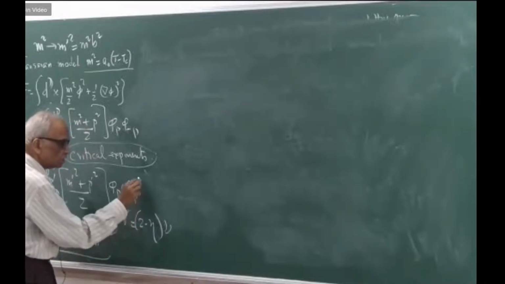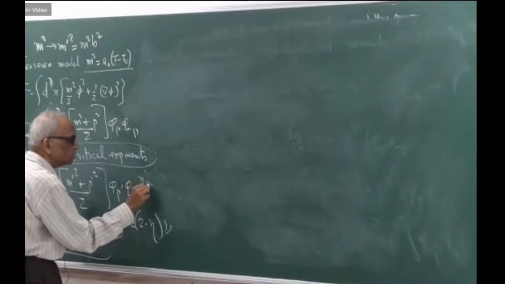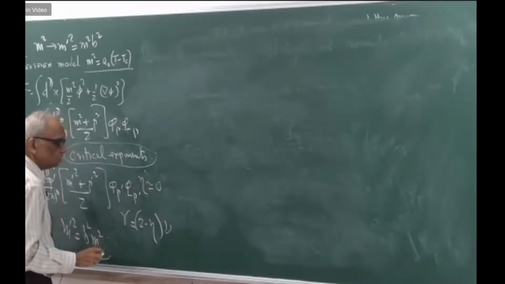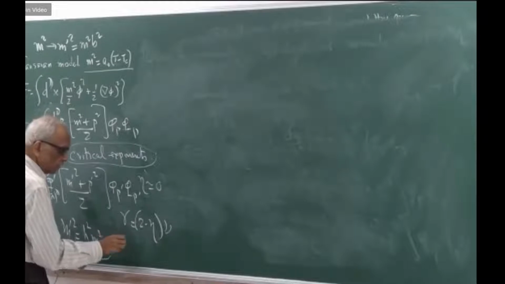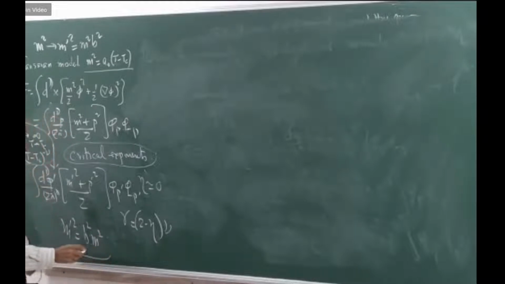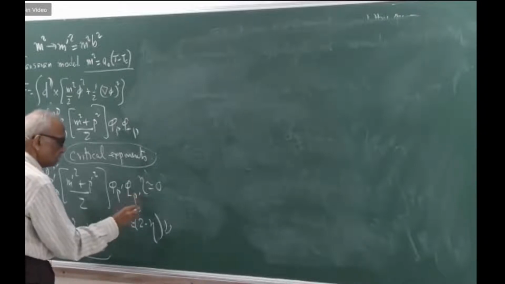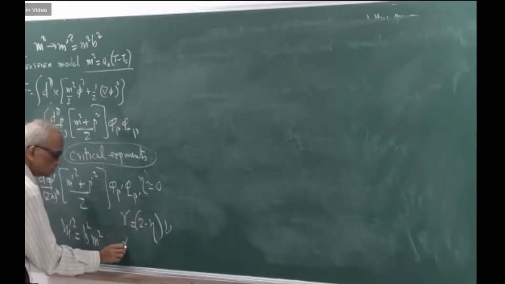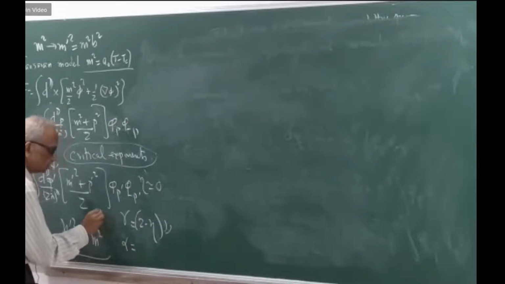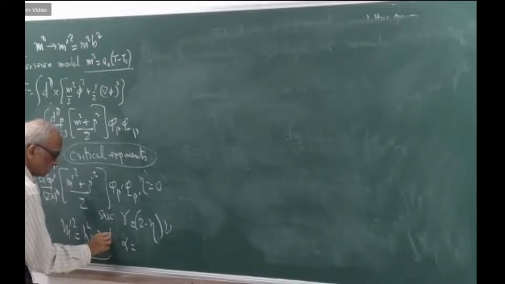Eta is the anomalous dimension index, which is very nearly equal to 0, and that gives you gamma. Then there is the specific heat, whose index is alpha.